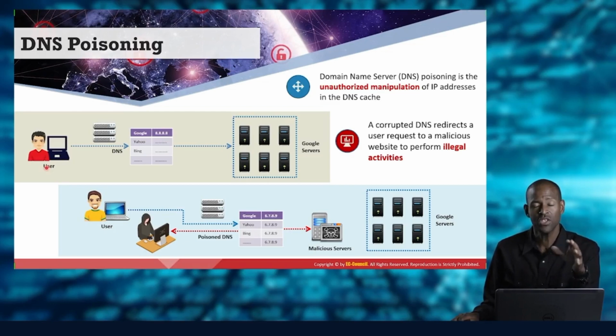So whenever you see the term poisoning, it is to put improper entries into a table that maps one thing to another. So in this case, what will happen is a legitimate website IP address will be poisoned, replaced by the IP address of the attacker.